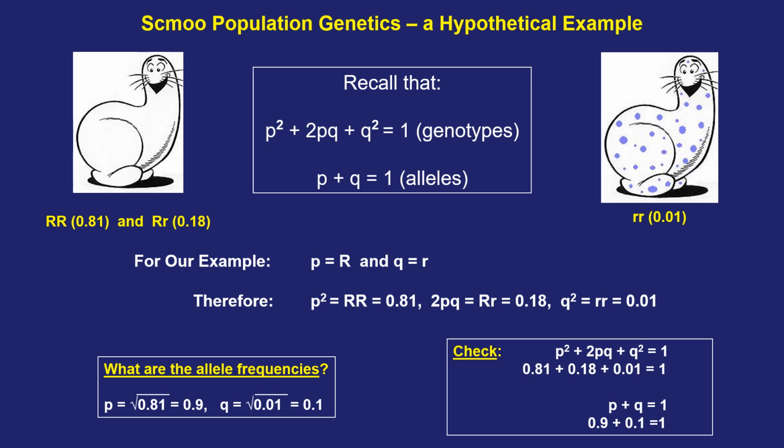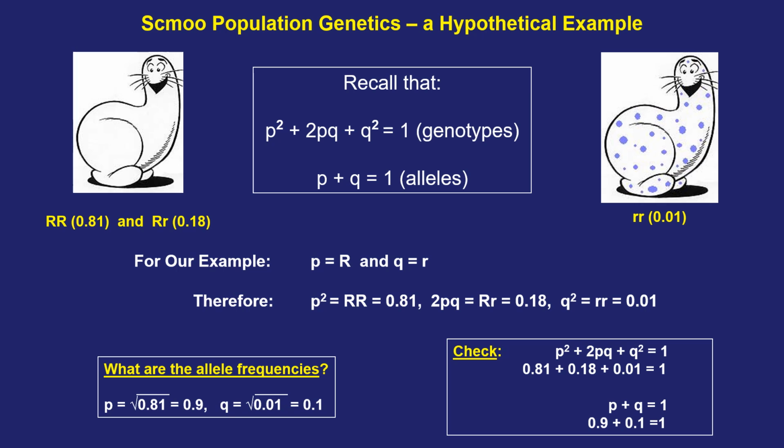You can probably see that I only would have to give you a value for the recessive allele or give you the genotypic frequency of the homozygous recessive, and from that you could figure out everything else.